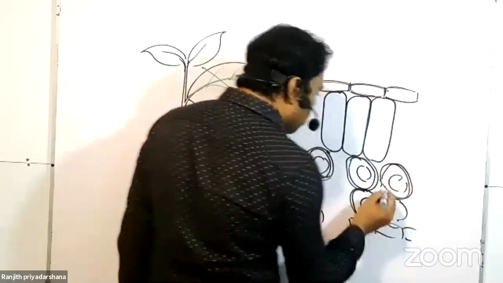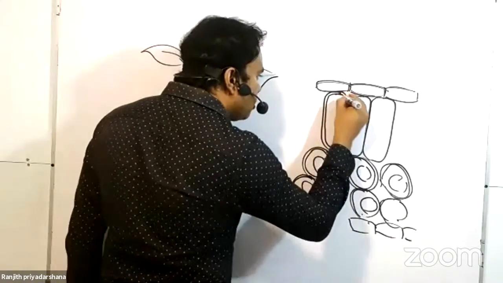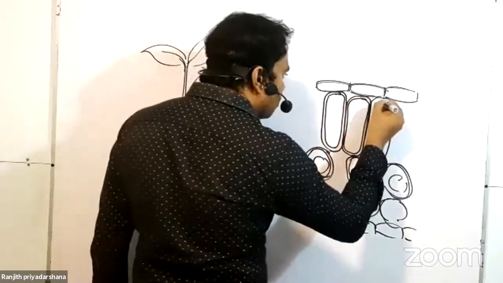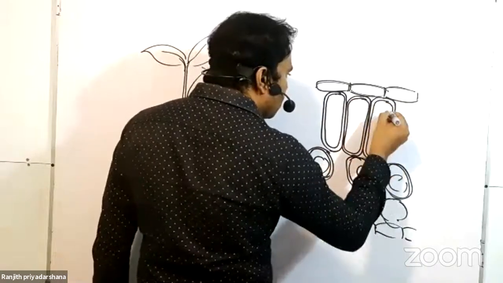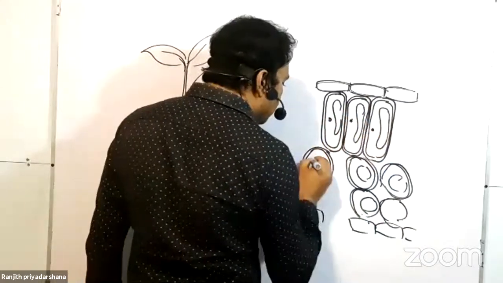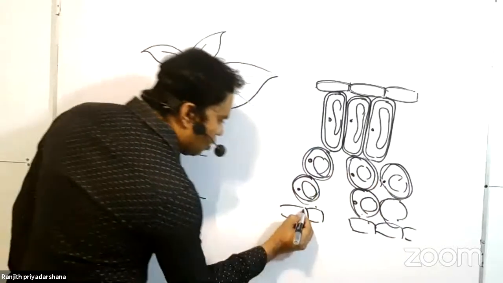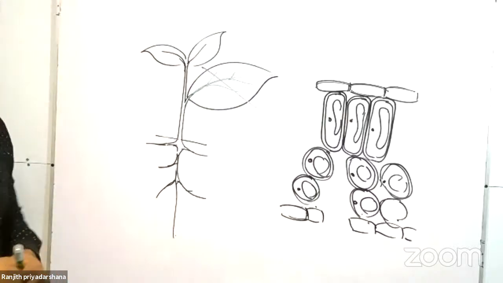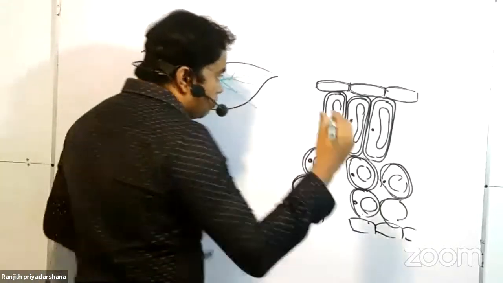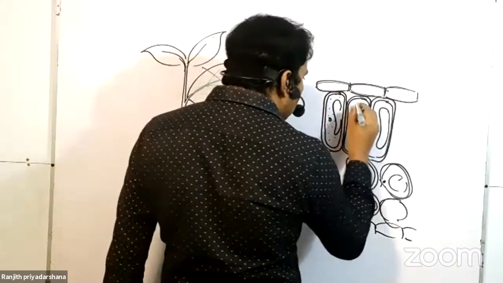You can observe lots of intercellular spaces here, and the palisade mesophyll cells are somewhat elongated, with a vacuole and a nucleus. In all the cell layers of the cross section of the plant leaf, these cells have chloroplasts.